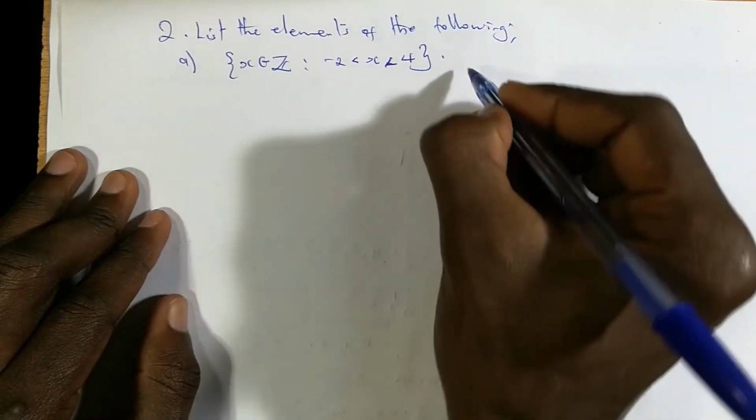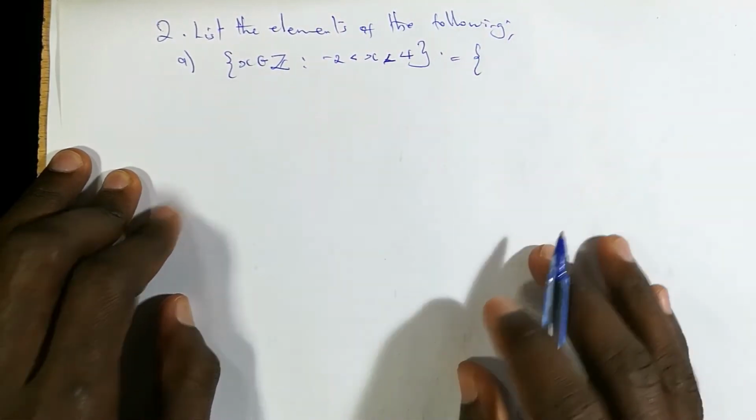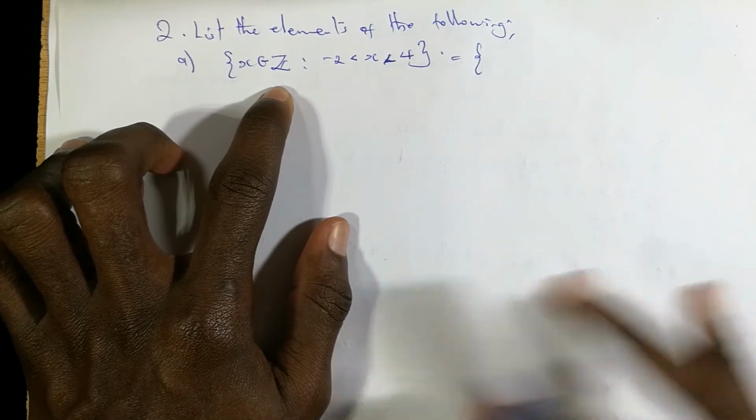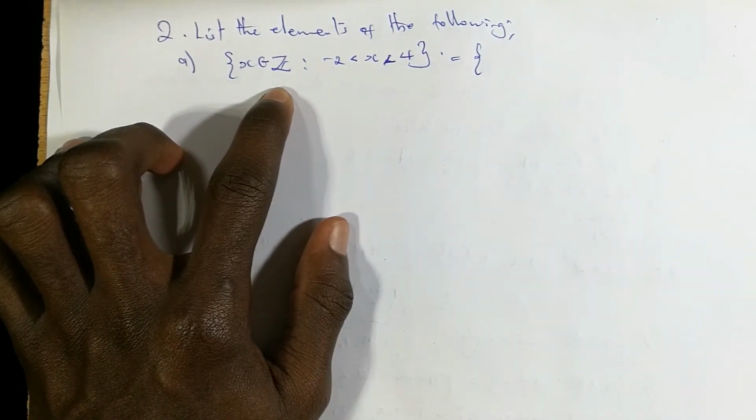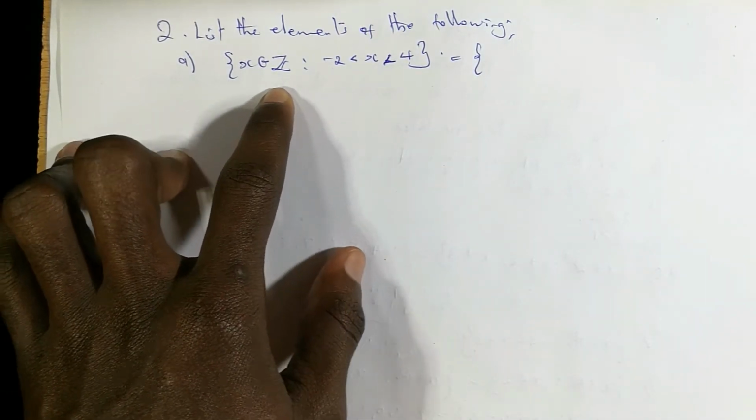So if we are to list this, x is an integer, that means all the normal positive and negative integers, including the 0 on a number line.